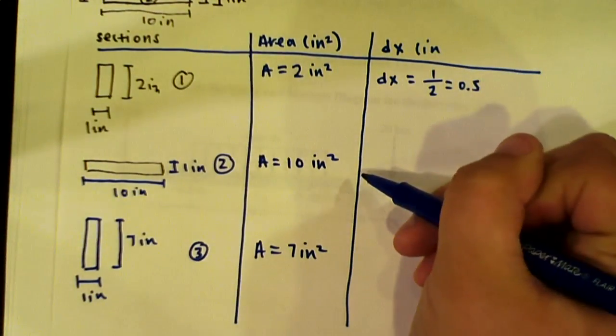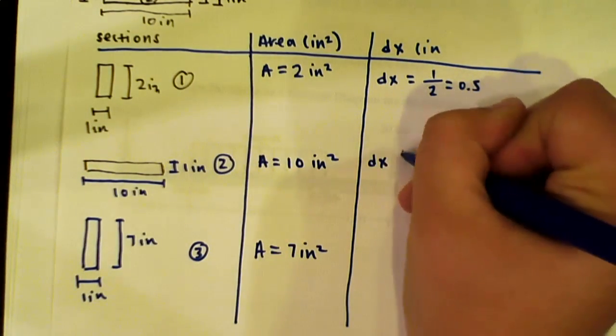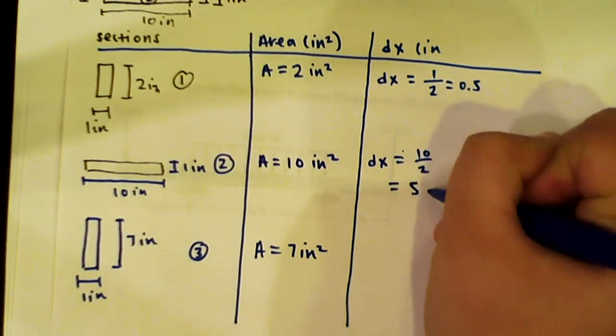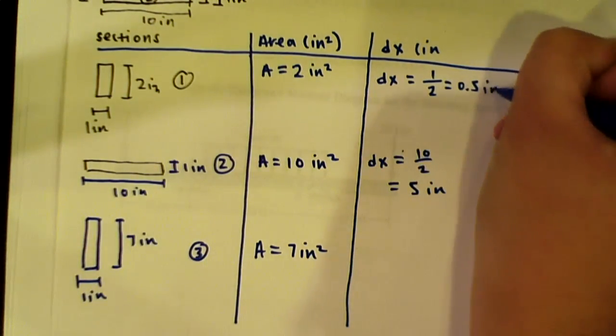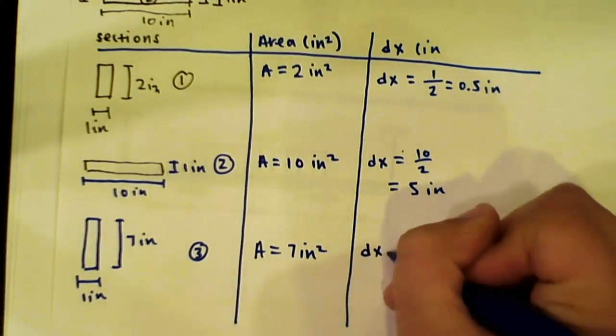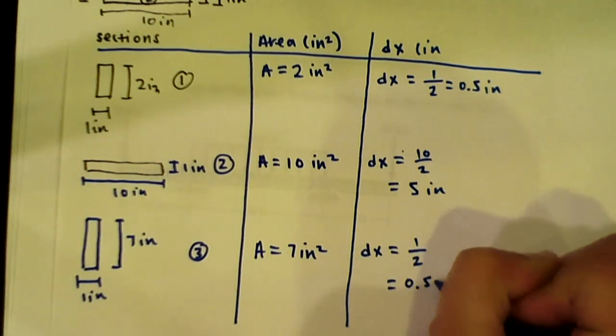Now for section 2, we do the same thing since it's also a rectangle, and we're going to get 10 divided by 2, which equals 5. And then again, for the last one, it's going to be 1 over 2, which is going to be 0.5 inches.